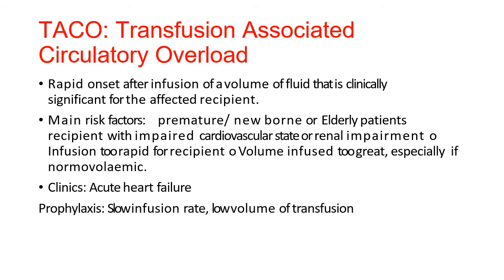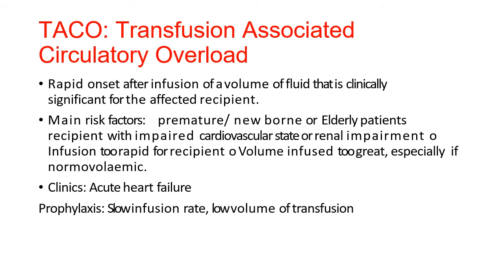Coming to TACO, that is transfusion associated circulatory overload. Why does this happen? There is rapid onset after infusion of a volume of fluid that is clinically significant. In what scenarios?